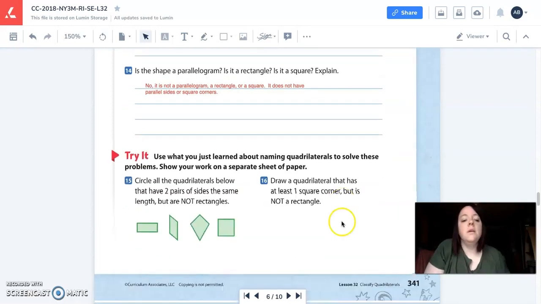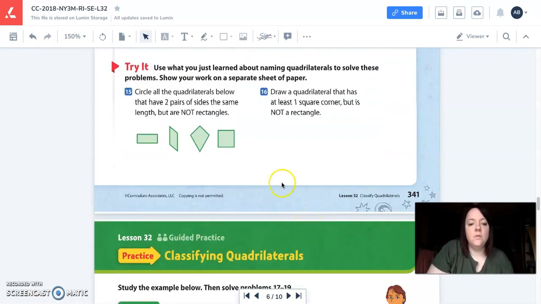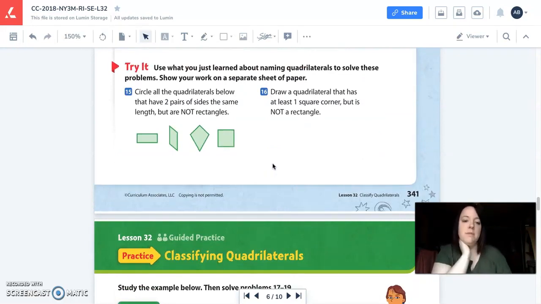Okay, now we're going to try it. Use what you have learned about naming quadrilaterals to solve the problems. Show your work on a separate sheet of paper. Again, if you have paper, go for it, or a notebook or something you can write your answers in. Okay, number 15, circle all the quadrilaterals below that have 2 pairs of sides the same length but are not rectangles.